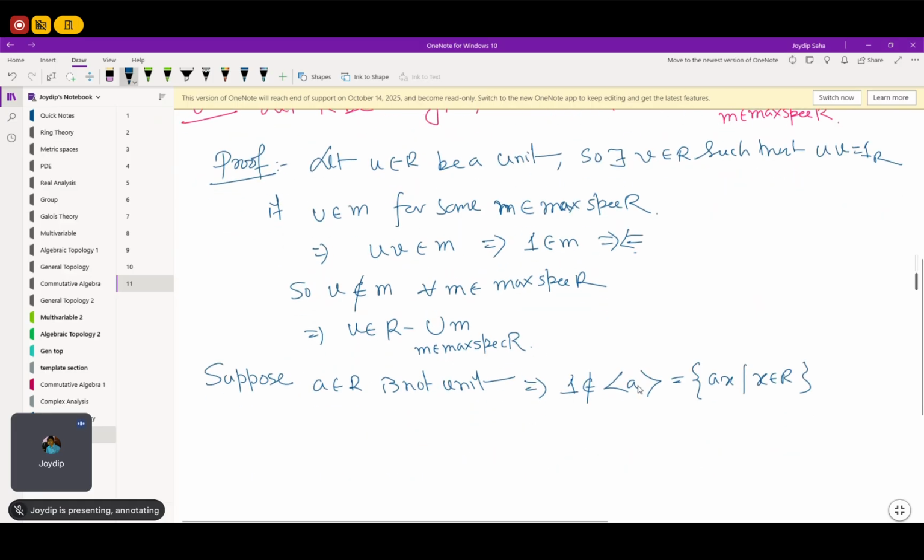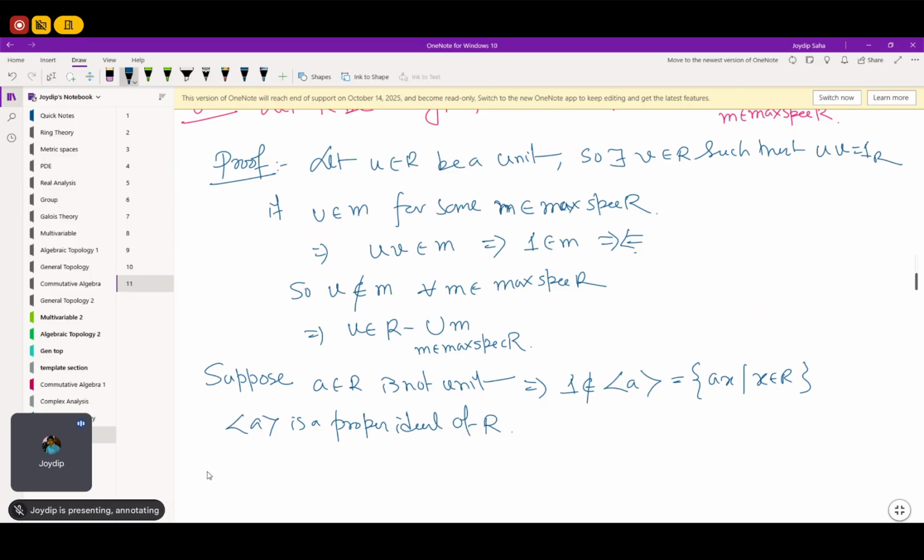Because if 1 belongs to the ideal generated by a, then ax is 1 for some x. That means a is a unit, a contradiction. So it is a proper ideal. By the property of maximal ideals, that is the theorem that a maximal ideal exists, by Zorn's lemma.